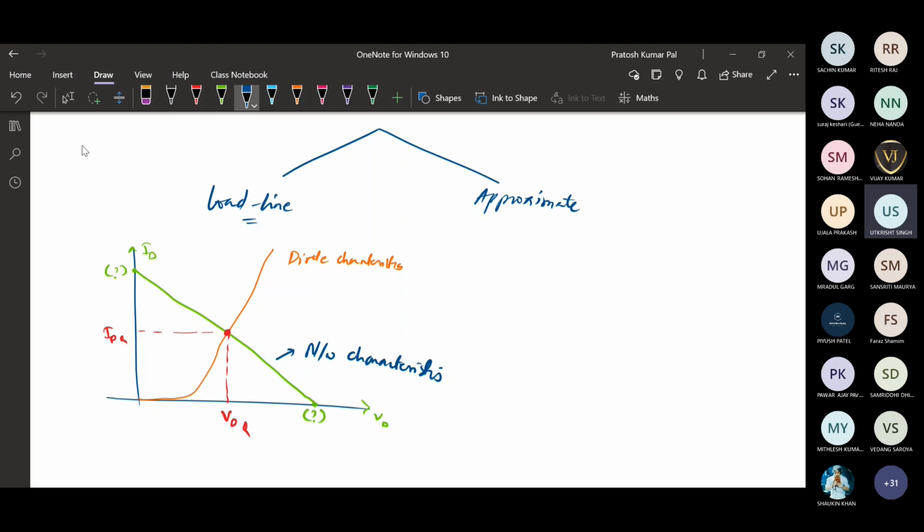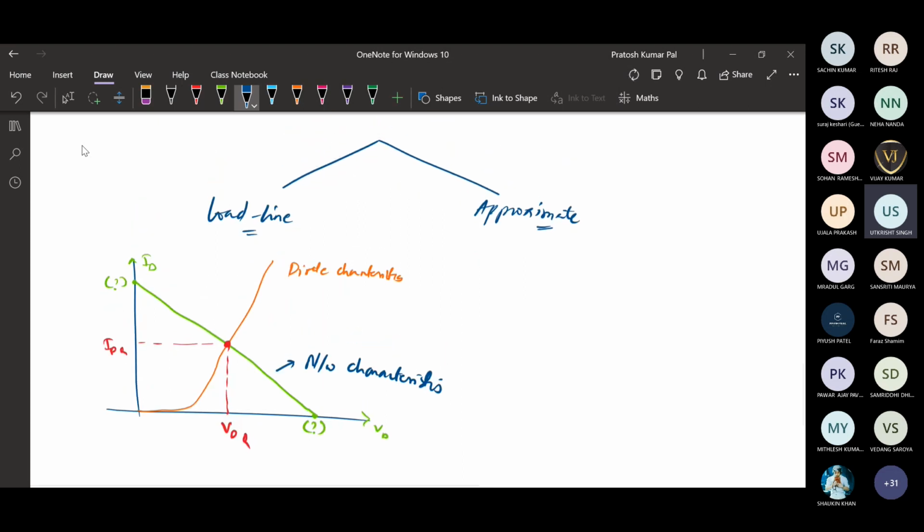The next method that we generally go with is the approximate method. In further questions or further applications, we will be using the approximate method. And in some cases, if it is given that the diode is ideal, the diode analysis will be somewhat different.